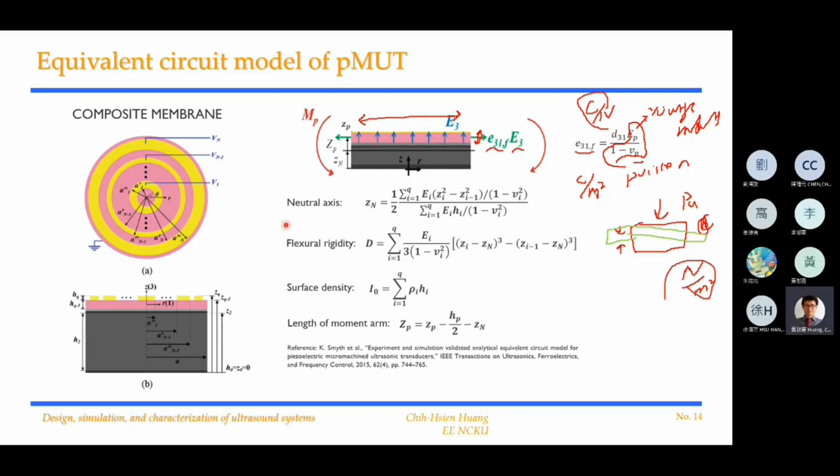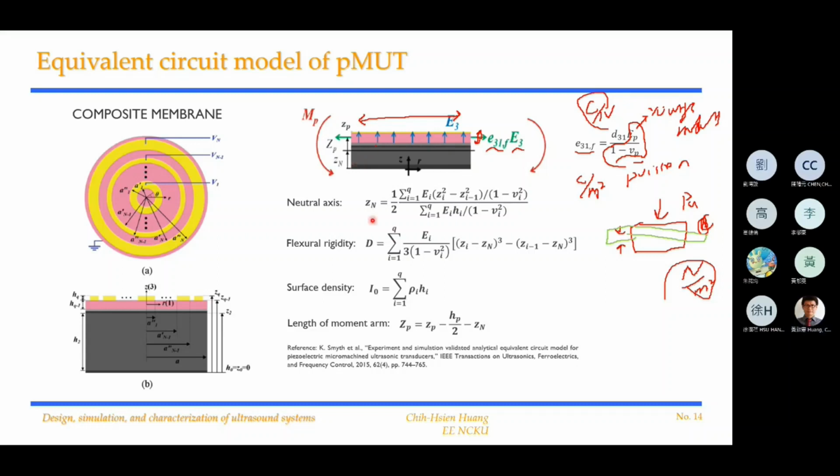Okay. So to determine how large we can move, the first thing we want to do is simulate the mechanical structure. We usually have to find the neutral axis, and after that we can use the neutral axis to represent the entire structure. So first we want to find the location of the neutral axis here.